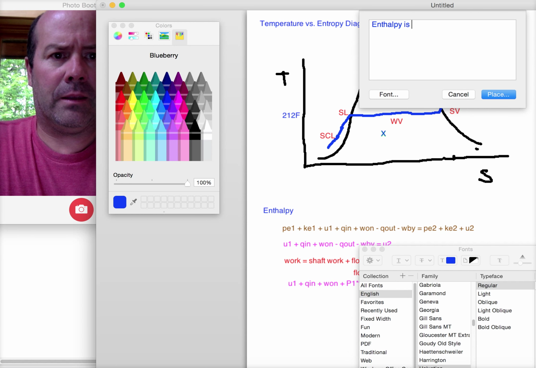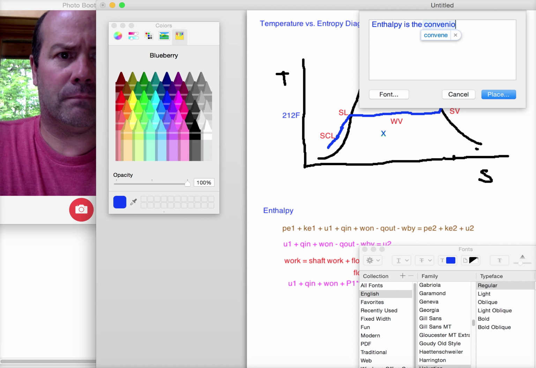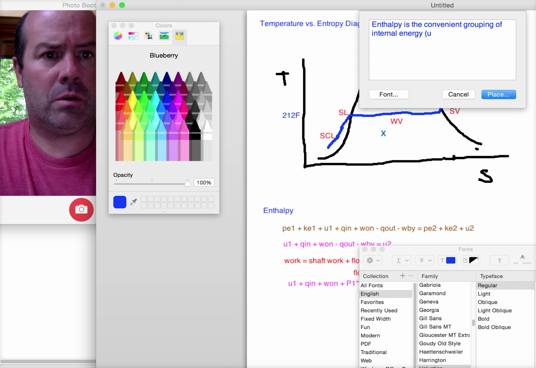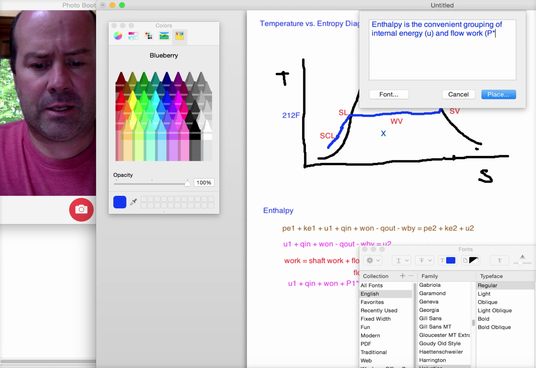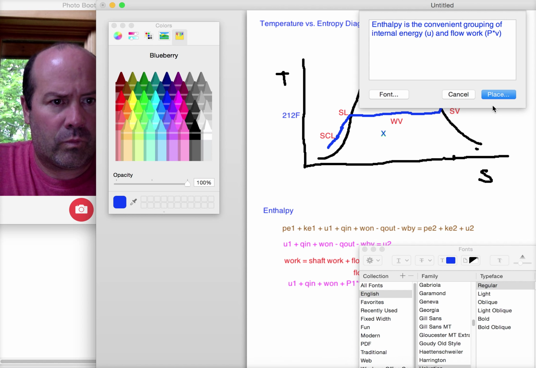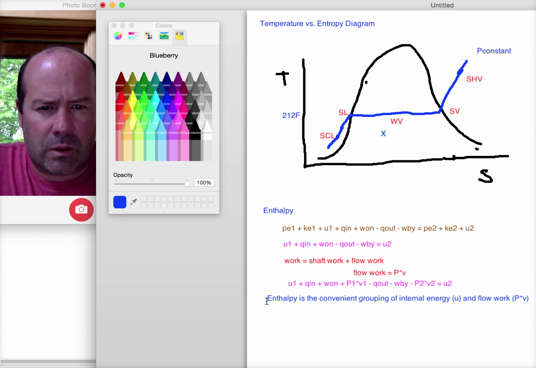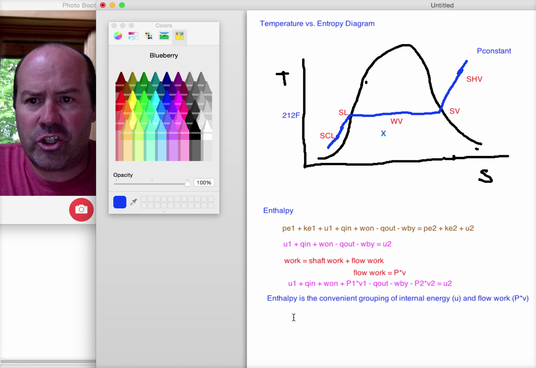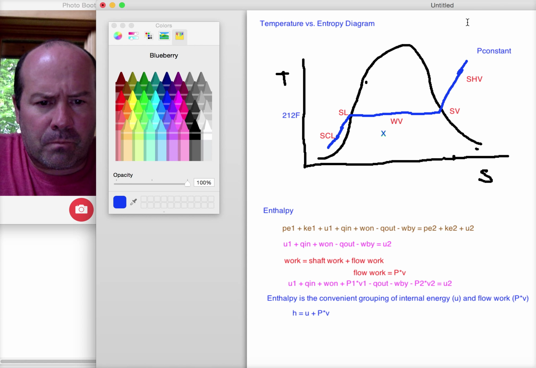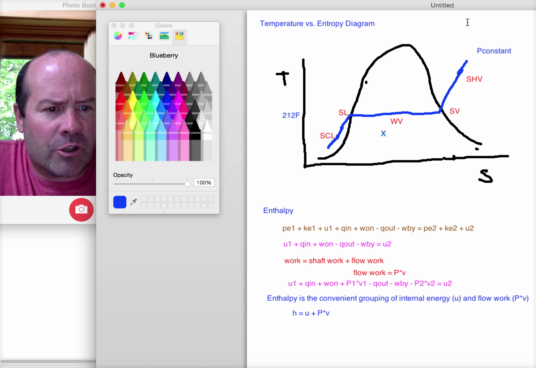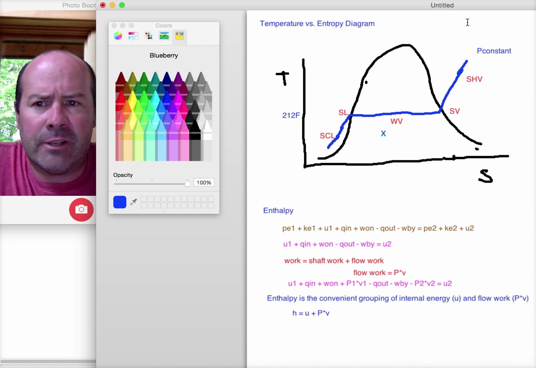Enthalpy is the convenient grouping of internal energy U and flow work P times V. We use the symbol H. So enthalpy is the convenient grouping of internal energy and flow work. H equals U plus PV.